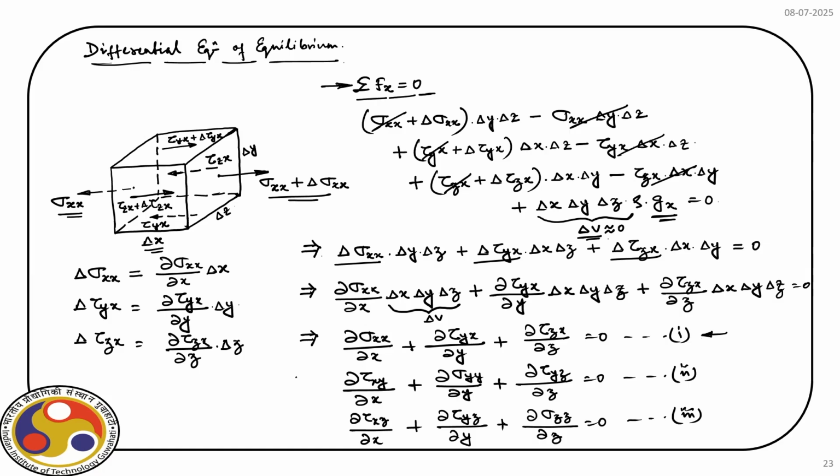Okay. So, the first equation from equilibrium along x, second along y, and the third along z. Right. So, that completes the exercise. So, we have 3 equations of equilibrium for the stress field whose dimensions are delta x, delta y, delta z.